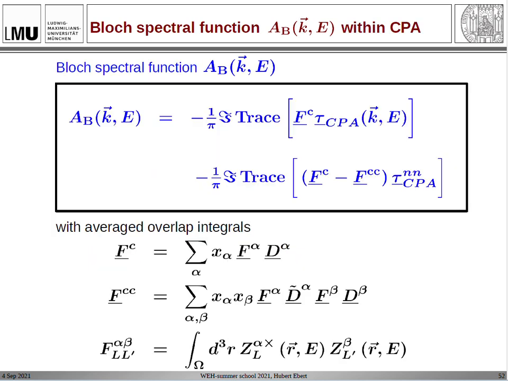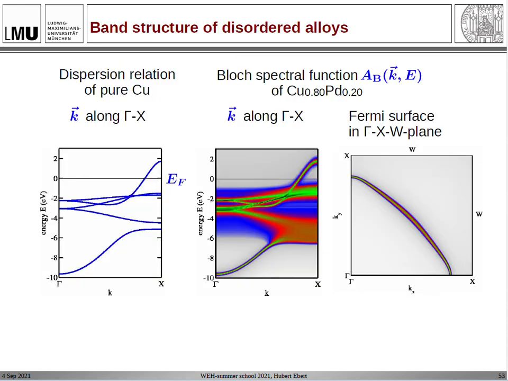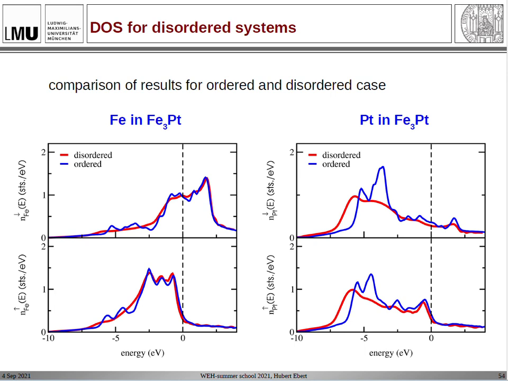I didn't want to go into too much details. But then you see here's that Green's function, and its corresponding Bloch spectral function, and you see that blurring out in K-space. You see it, of course, also in the density of states curves. Here is a comparison for iron and for platinum and iron-3 platinum.